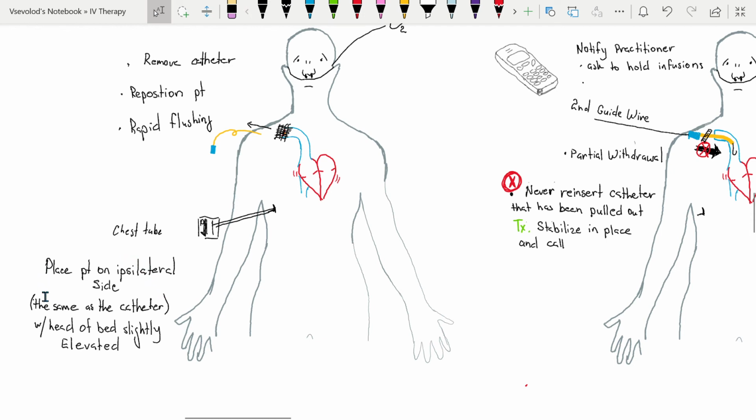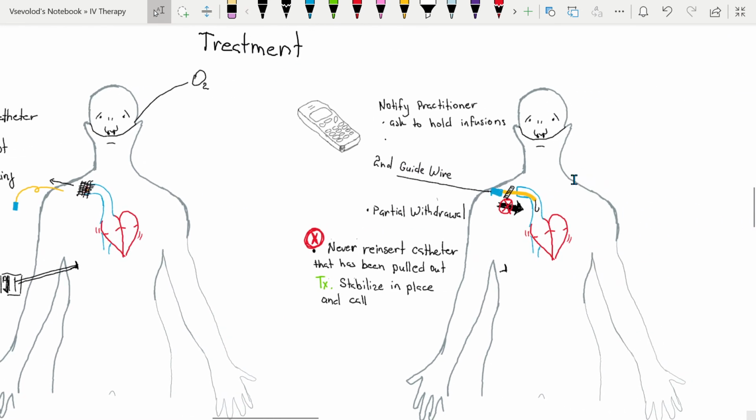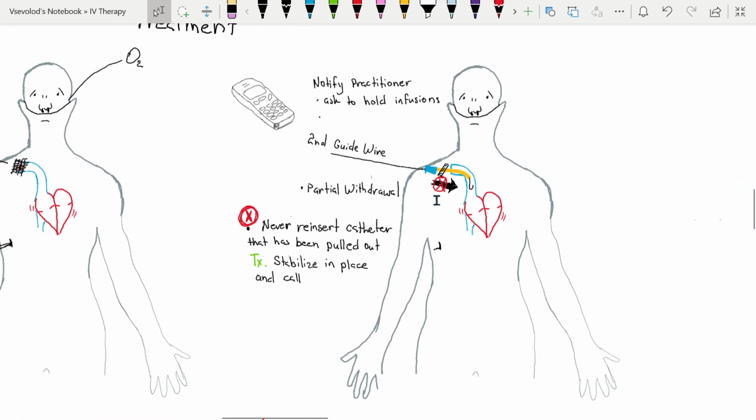Ipsilateral is toward the catheter. Also, a guide wire can be placed into the old catheter, and a new catheter may be inserted over the guide wire. This prevents any additional percutaneous cannulations.